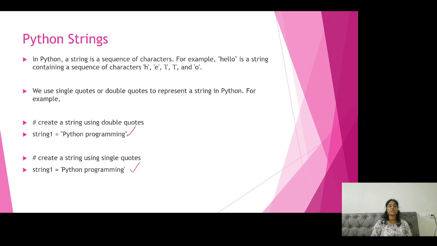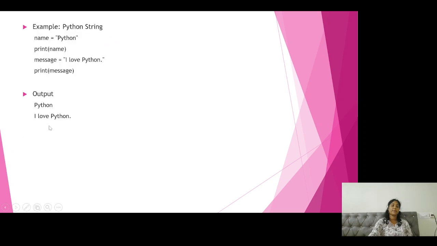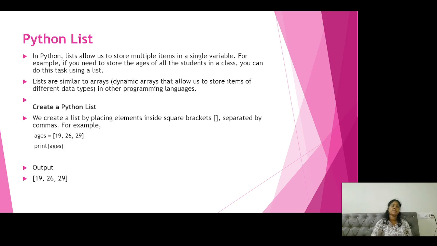If you enclose in double quotes or single quotes, it will be treated as a string. See here, we have created two string variables, name and message. You have enclosed Python in double quotation marks so it becomes a string that will be printed at the console. And message equals "I love Python", so message is also a string data type, because you enclosed it in double quotes, and it prints at the console.